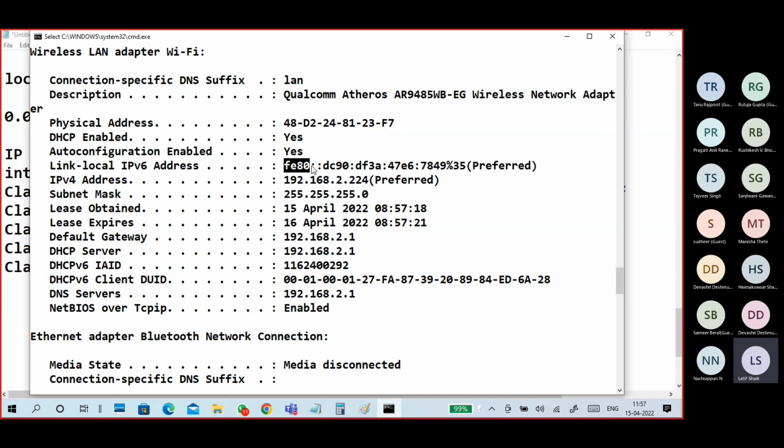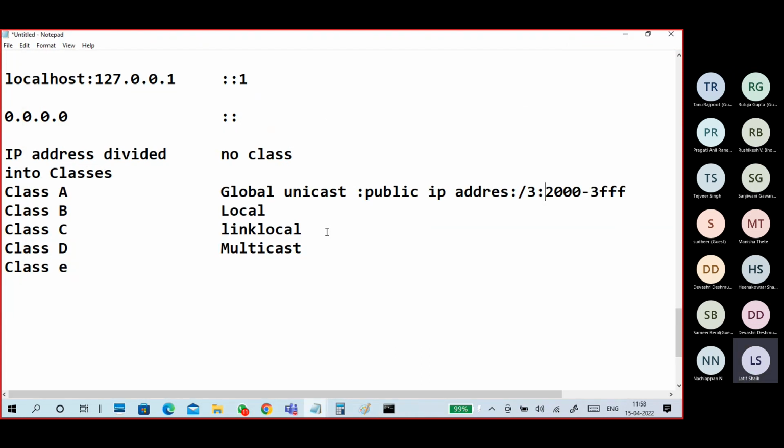If you see, it starts with FE80: like this. It is a self-assigned IPv6 address.